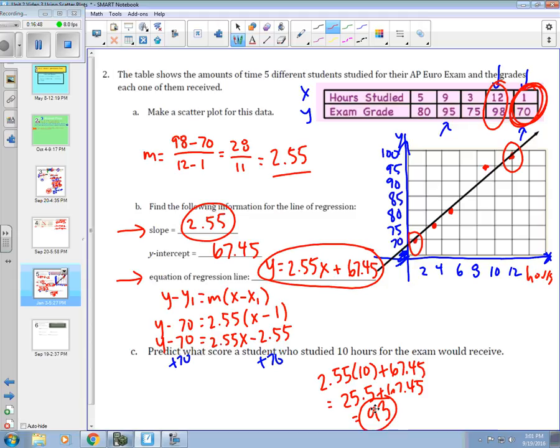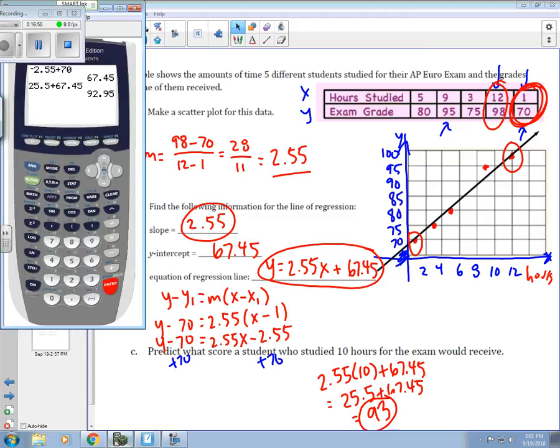Okay, now another way you can do this, your calculator does have the ability to help you do this too. I'll show you how you can do it on the calculator. If you hit this stat button, that's highlighted in red there, and then go to this first one that says edit, hit enter, you can type in an X and Y amount and use your calculator to help you get this prediction line.